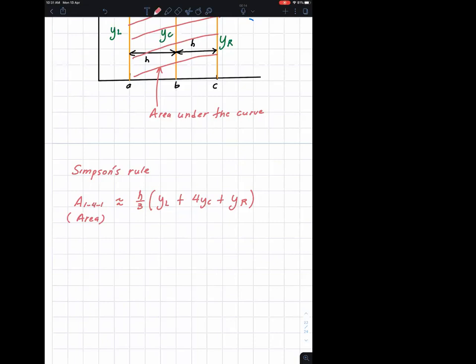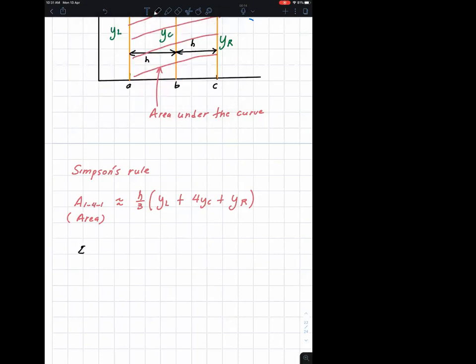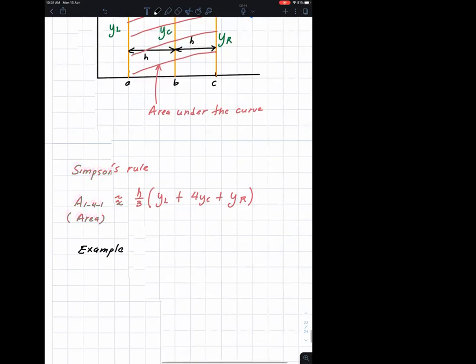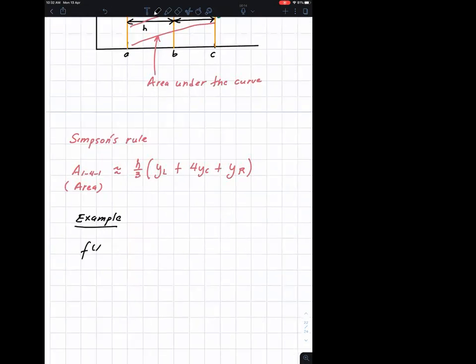Let's do an example now. You are given an equation.